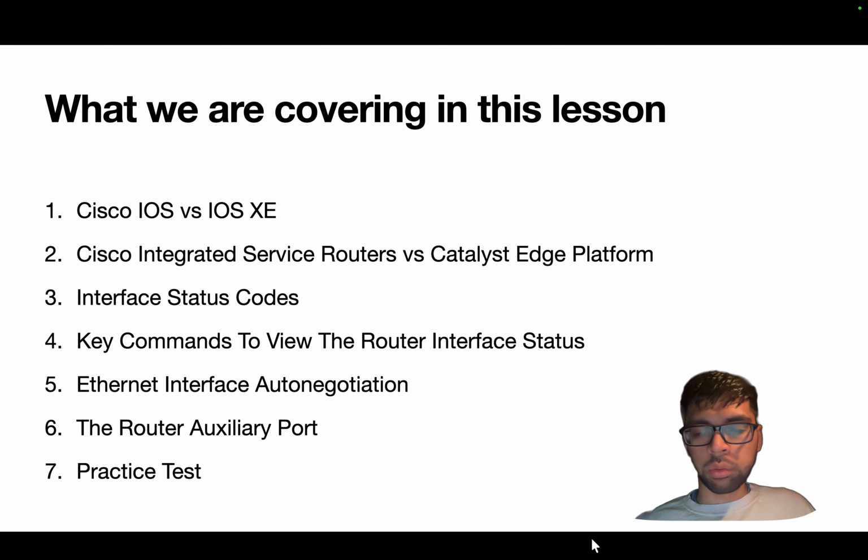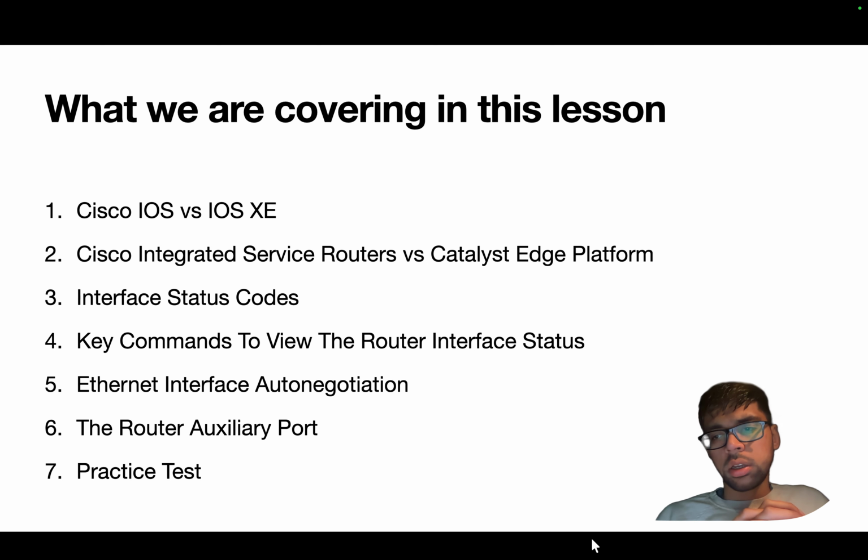They were great switches. Sorry, but Catalyst Edge platforms is actually quite a multifunctional router. It's more than just a router in the traditional sense, it does quite a lot. But with the Catalyst Edge platform, don't be confused, it's not talking about the switch range, it's something completely different. New kid on the block for this decade and beyond.